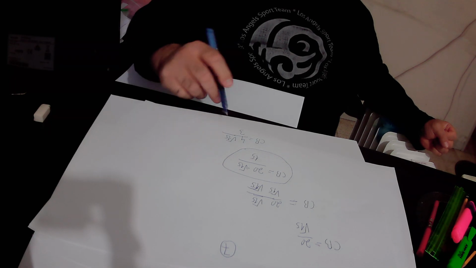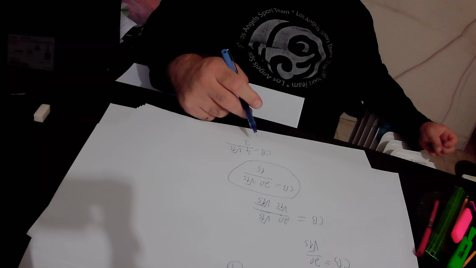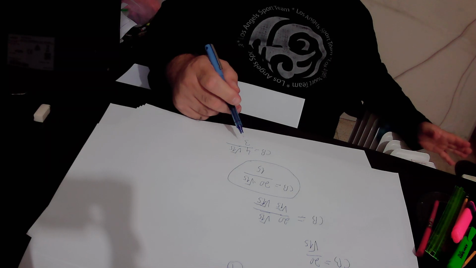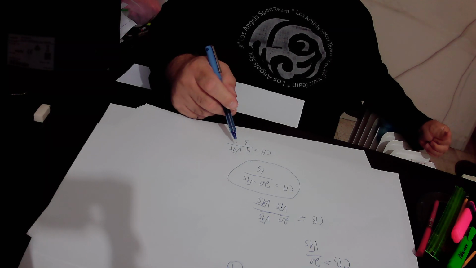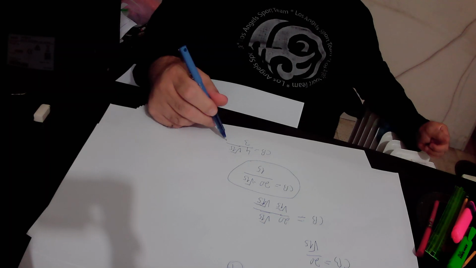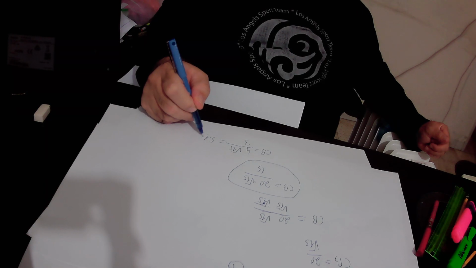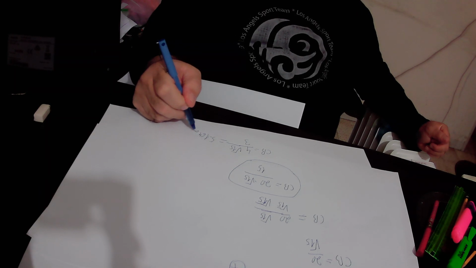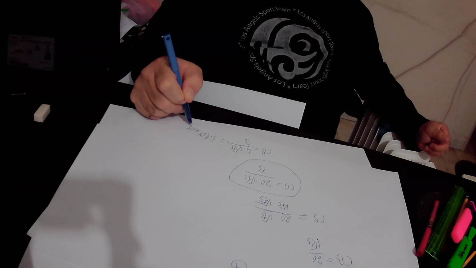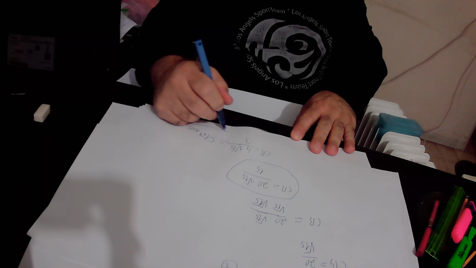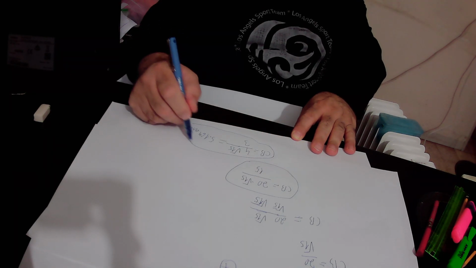So in conclusion, the length of chord CB, the chord that we are looking for, equals 4 times square root of 15 over 3 units. Or in terms of numbers, it is equal to 5.164 units. Okay, that is the answer to the question.